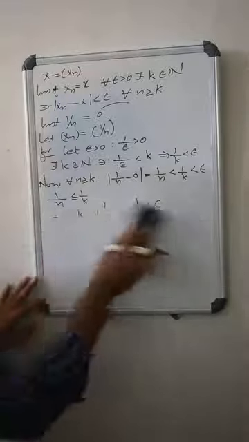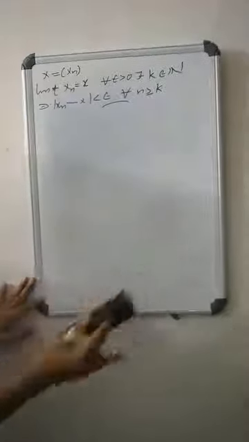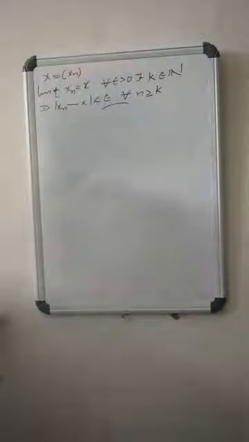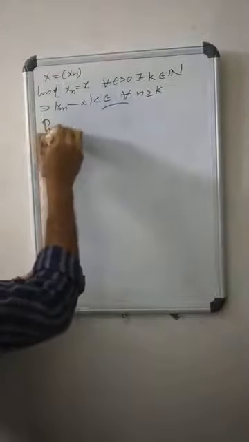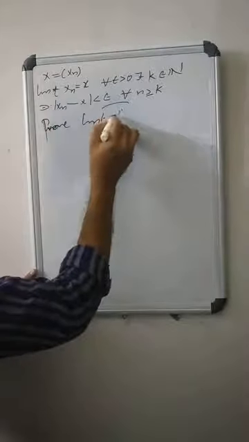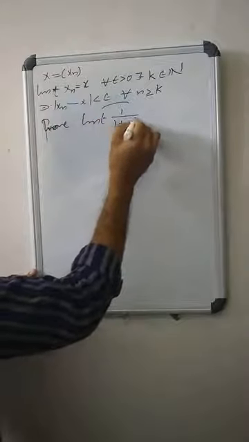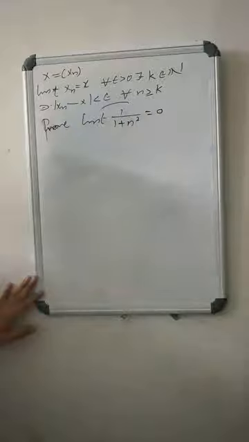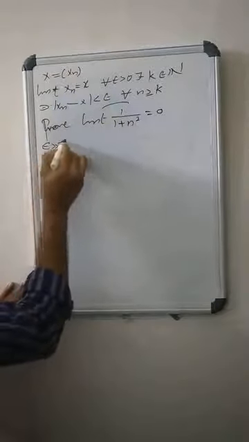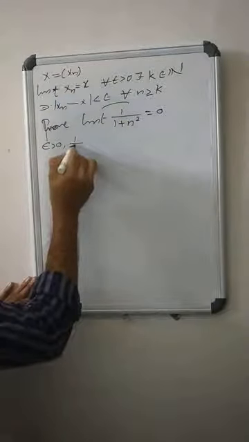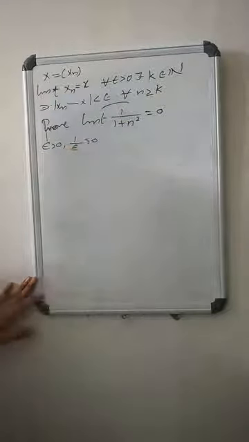What about proving that limit 1 by 1 plus n square equals 0? By the same arguments, consider epsilon positive; then clearly 1 by epsilon is positive.